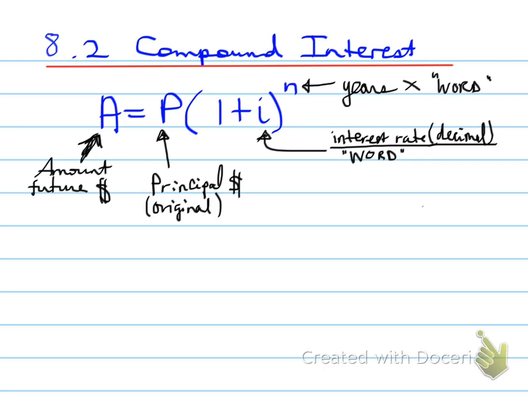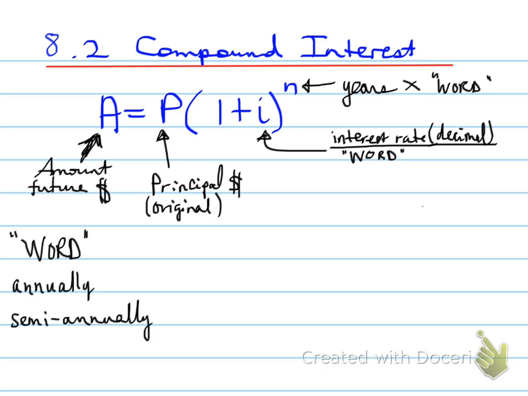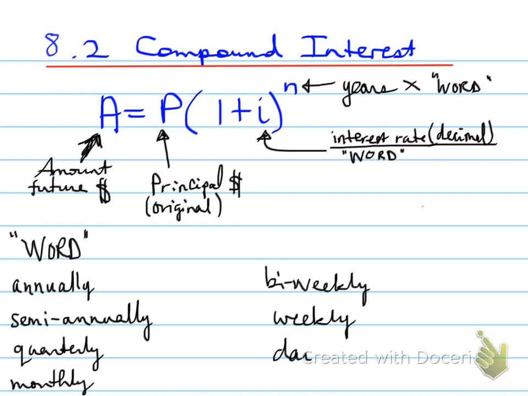Now, I think we learned about the word yesterday, but we're going to look at what the word means again today. The word could be any of the following words: annually, semi-annually, quarterly, monthly, bi-weekly, weekly, and daily. These are pretty much the main words that are used when we're dealing with compound interest.